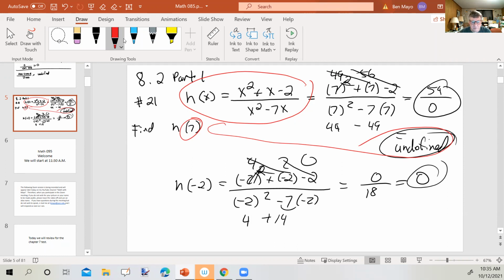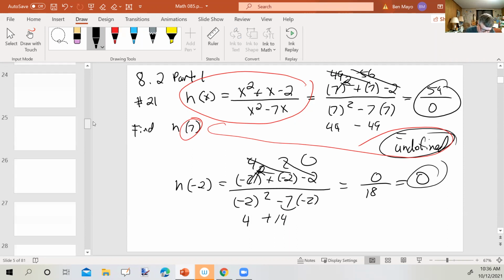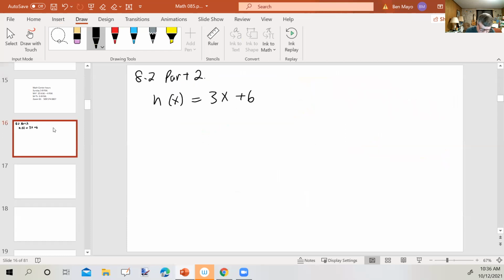The domain of the function would be all of the inputs that produce a real output. So if you put something in and the result is undefined, that input is not acceptable. It's not in the domain. Okay, so now let's go back here.